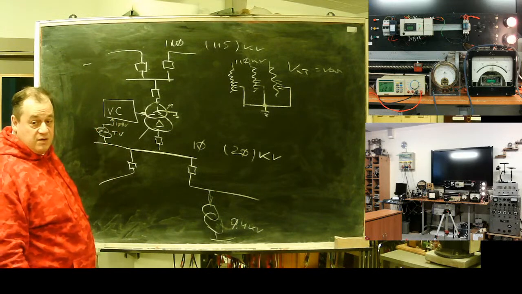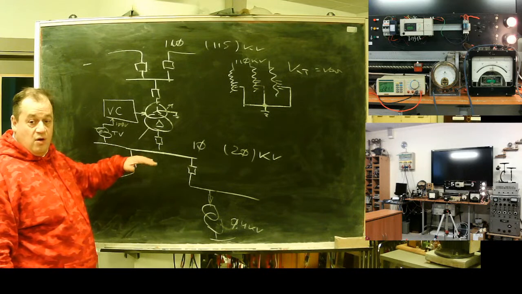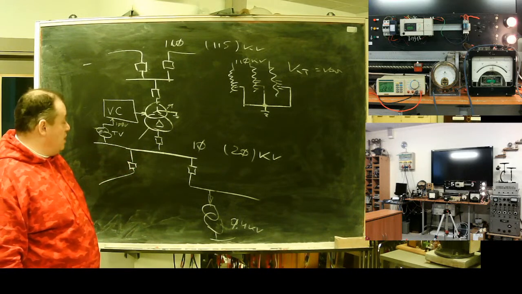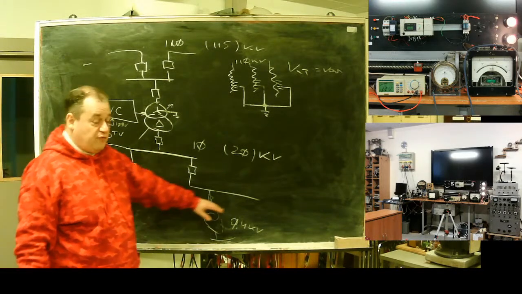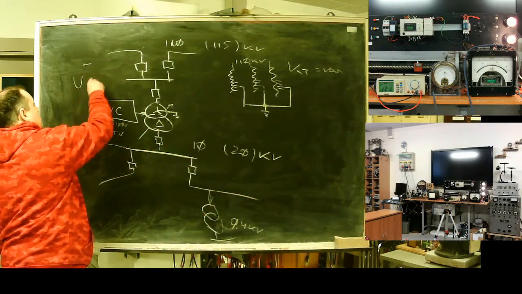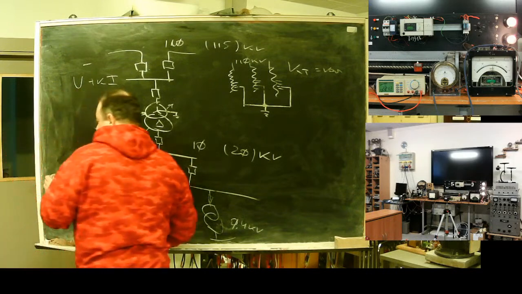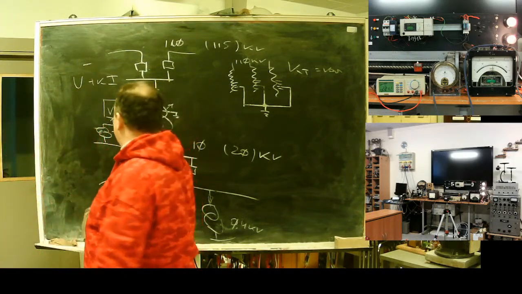Voltage controllers in the simplest models keep constant voltage. More advanced models also account for voltage drop in the network, so it's plus some scale factor times the increase of current.